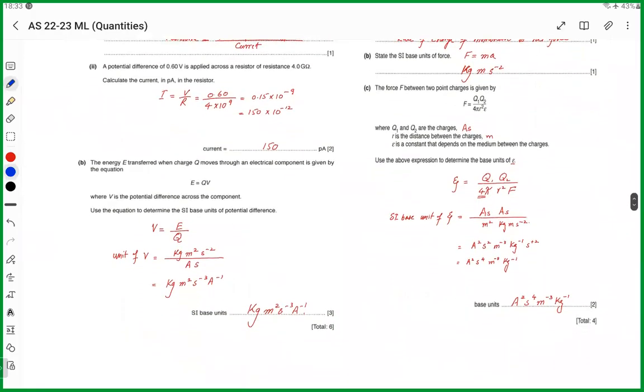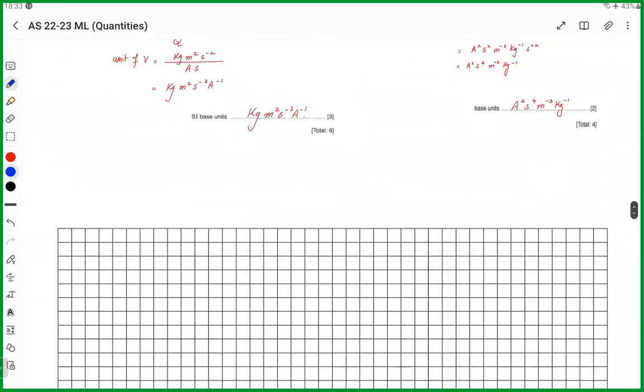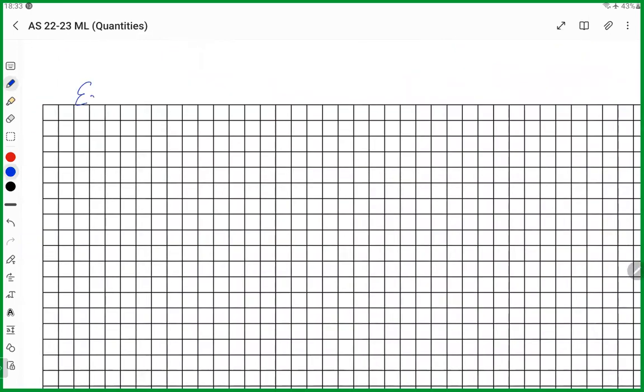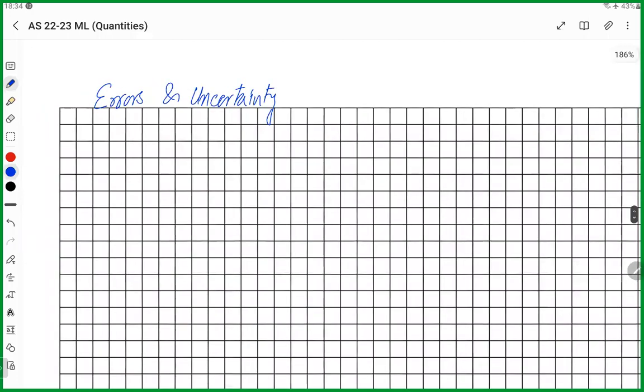Today we have to start errors and uncertainty. Actually, they are both the same thing.